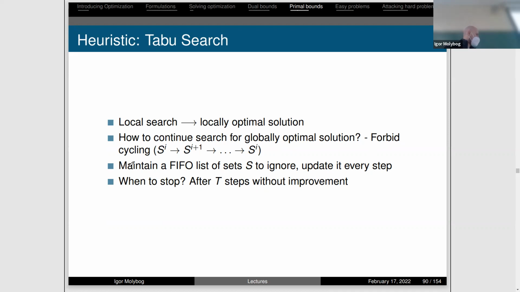You can think about it as follows. Let's say that we have some complicated landscape like this, and when we are doing local search, we are picking a point. This is our domain X, and a single point on this domain is a set S, right?